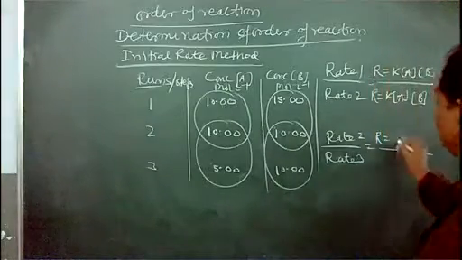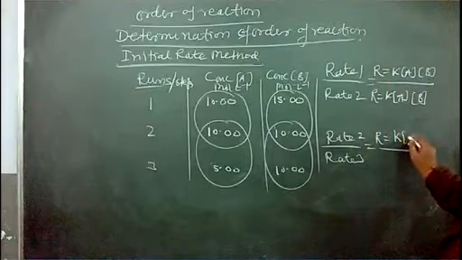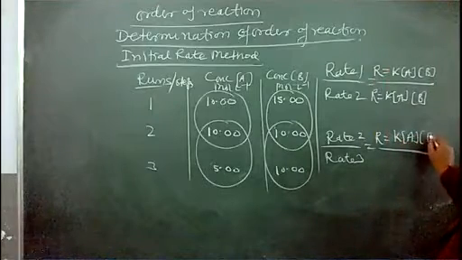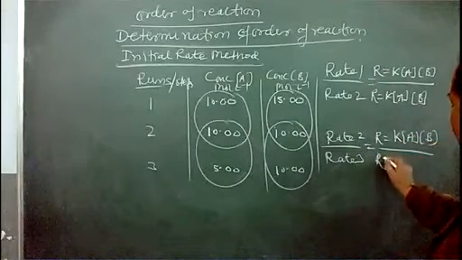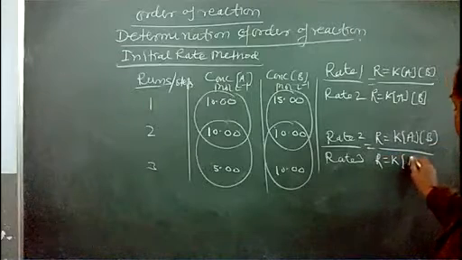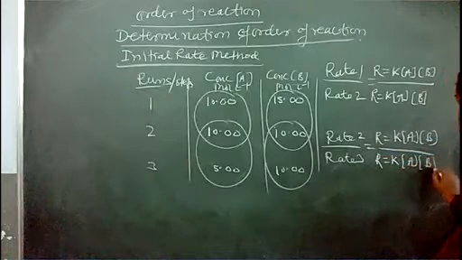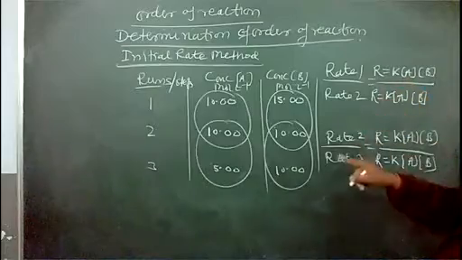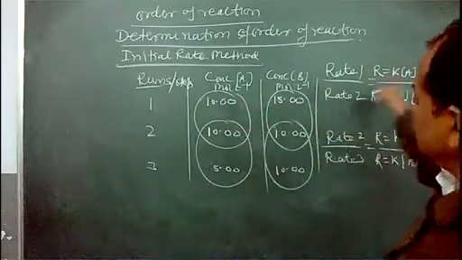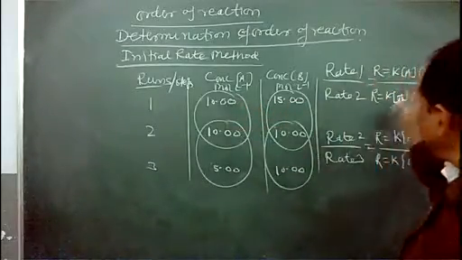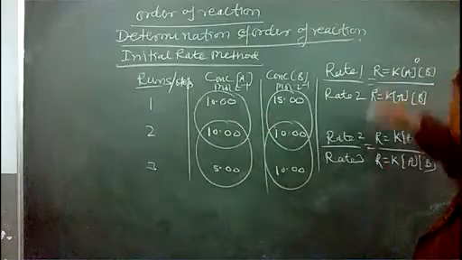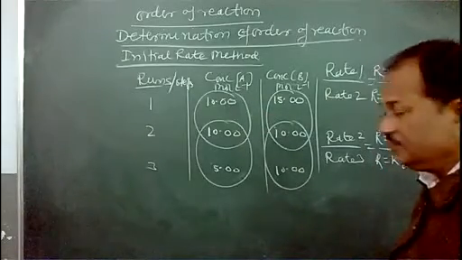Rate expression has to be written: rate equals k, the rate constant, A, and here it will be B. Now see here, in case of first rate 1, there is no change.